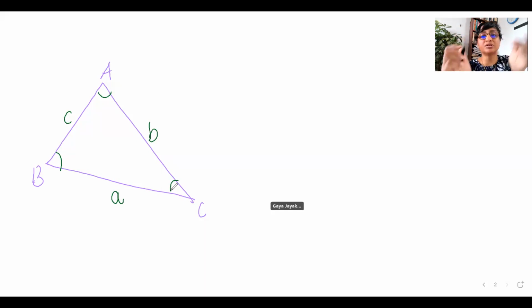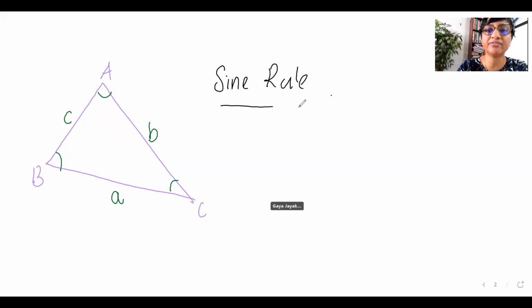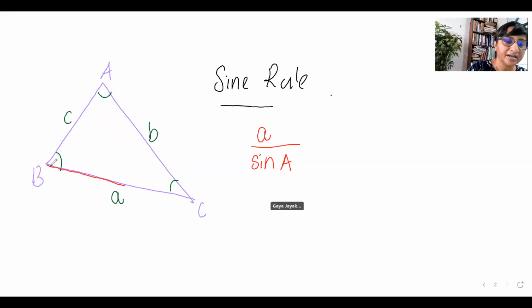What sine rule tells you is that if you divide any side, let's start with side A, you take any side and divide it by the sine of the corresponding angle, capital A. That's a ratio. If you divide this side by the sine of this angle, you get the same ratio.